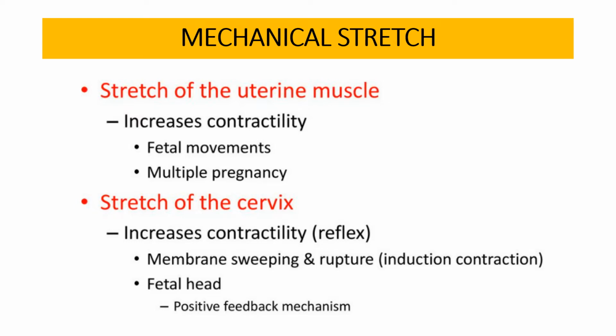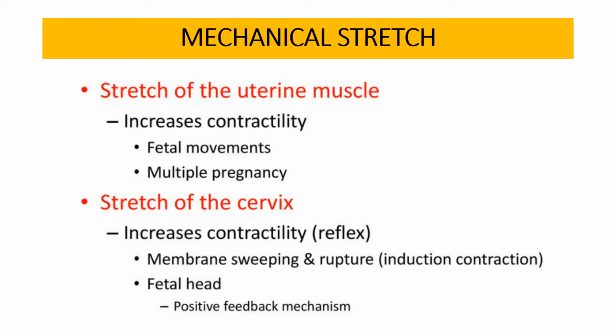Stretch of the uterine muscles increases the contractility, and this stretch can occur because of the fetal movements or because of the multiple pregnancy. The stretch of the cervix also increases the contractility, but this is by a reflex mechanism.